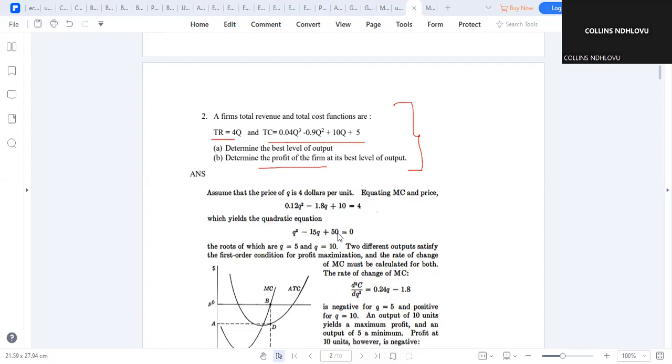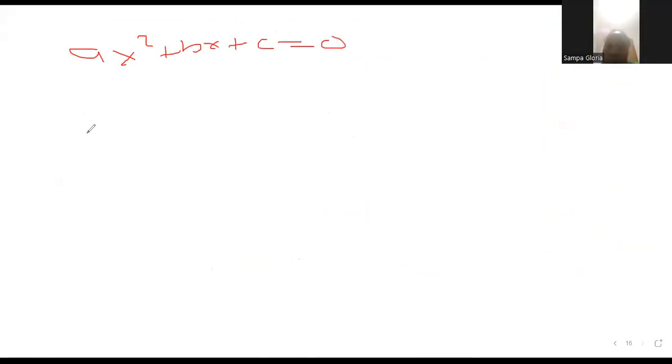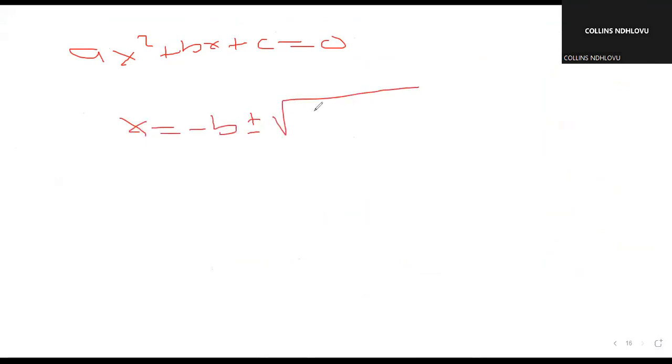So to take you back to our grade 12, like I promised you, if you're given a quadratic equation in the form of ax squared plus bx plus c, you're going to use the quadratic formula, which simply states that x is equal to negative b plus or minus the square root of b squared minus 4ac, all divided by 2a.